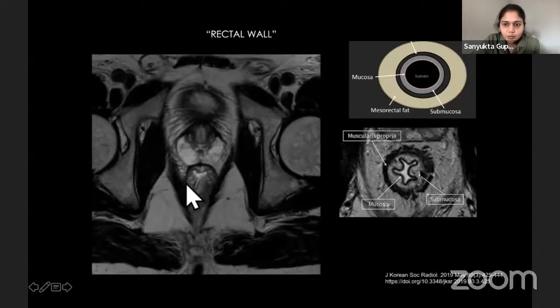Then we have the muscularis propria, and this is where MRI assumes importance, because the muscularis propria is a very hypointense line. It is the inner circular and outer longitudinal muscle layer, and usually the tumor is of intermediate intensity. When it's a T3 stage, it has already invaded the muscularis propria, and we can easily identify the most invading margin of the tumor, as well as the distance of the tumor from the MRF and the CRM status.